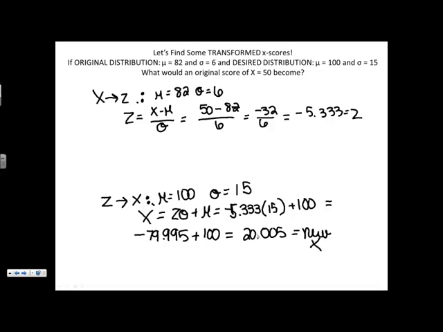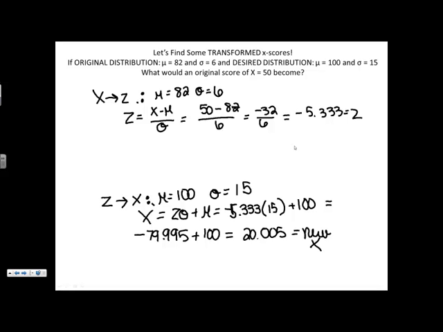It's still really low, right? 50 is pretty low compared to this, and 20 is pretty low compared to the mean of 100. But the important thing to point out is that this is still 5.333 standard deviations below its respective mean.